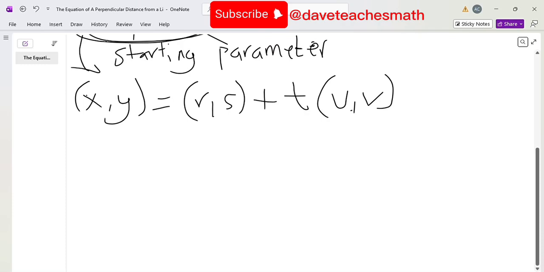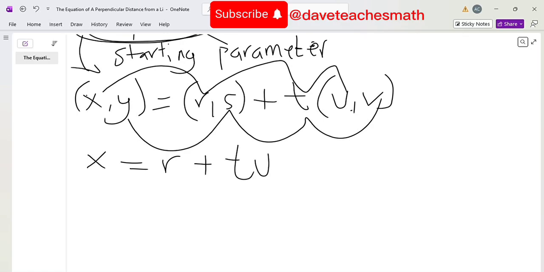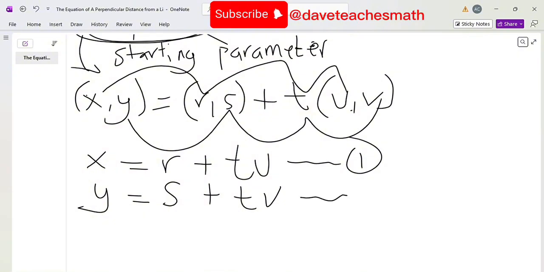Now we are going to take the x coordinates and then the y coordinates separately to get simultaneous equations. So we have x equals r plus tu, which is equation 1. Then we have y equals s plus tv, which is equation 2.